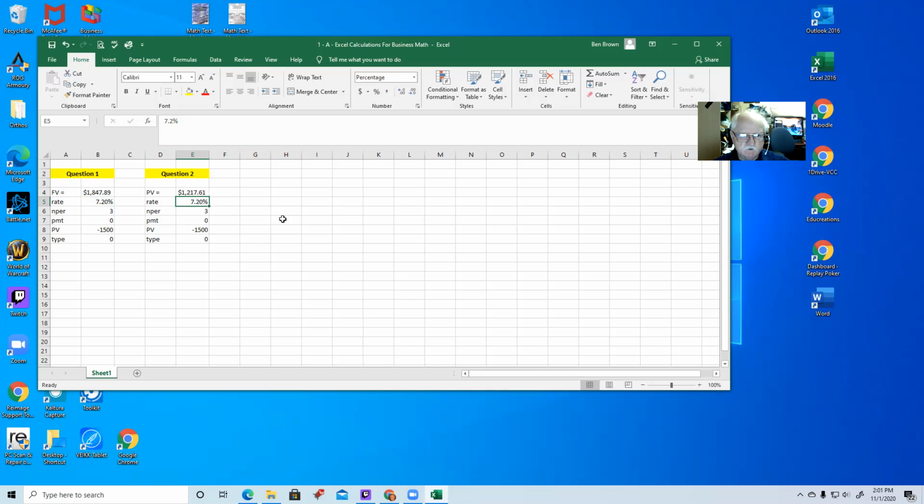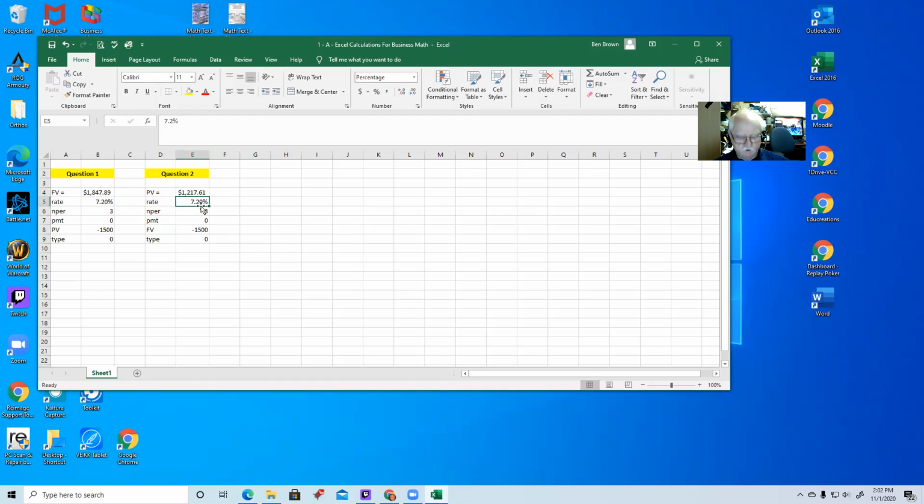But amazingly enough, this information is in exactly the same order. Notice when we do equals PV bracket, we're still looking for rate, N per, payment, future value, and type. So the only thing we have to change here is to make this into future value. And we can plug in our values here.